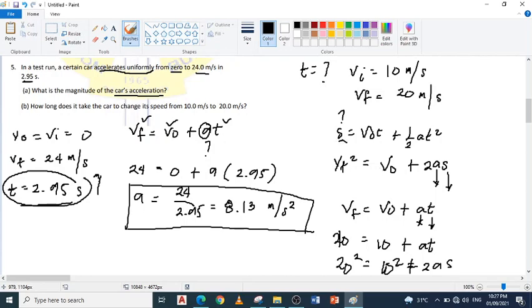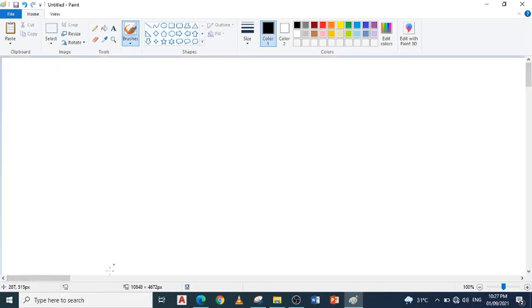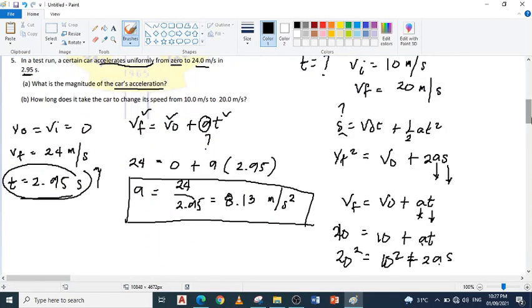If we try to substitute the s here, where is that? There is really something missing.